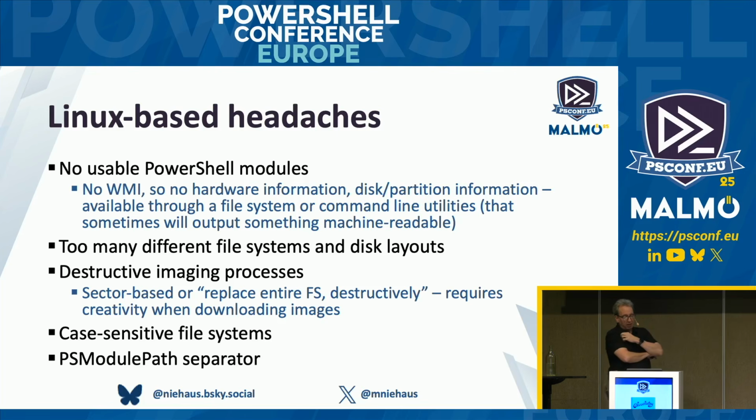File systems and disk layouts and the destructive imaging I already talked about. There's also fun around case sensitivity. Windows isn't case sensitive, Linux is. So writing code in .NET 8 that you intend to work on both, you better be consistent on your case of the files that you put in place. So we're very specific on the directory names that we create.